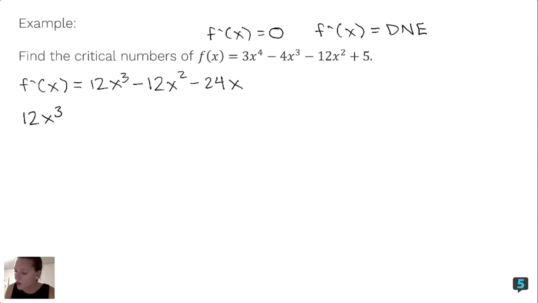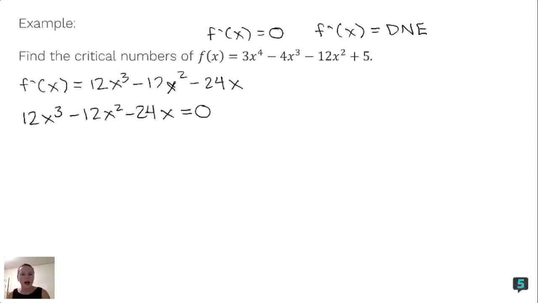So let's set 12x cubed minus 12x squared minus 24x equal to 0. I just made a mistake, let's get that x back in there that I left out.